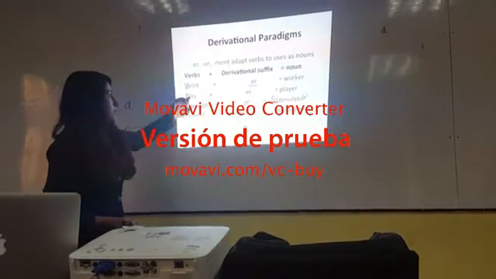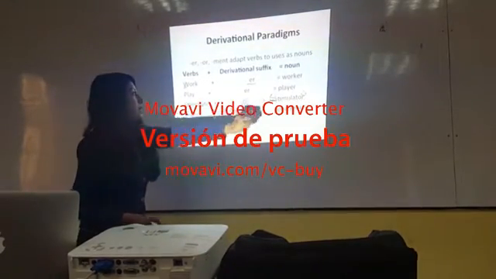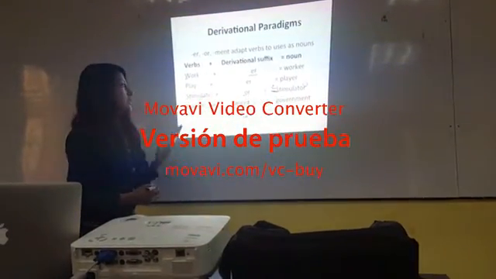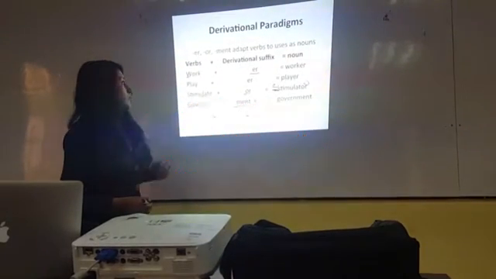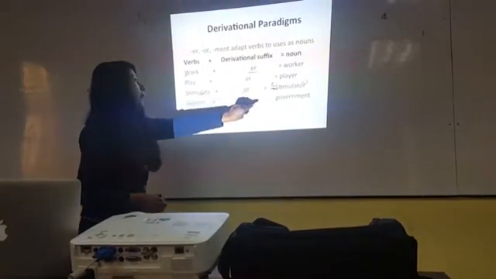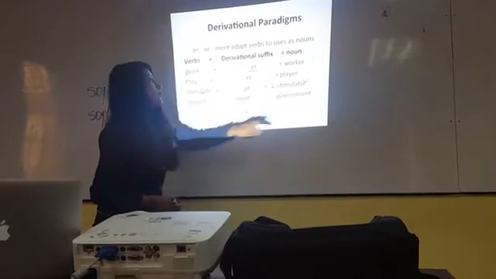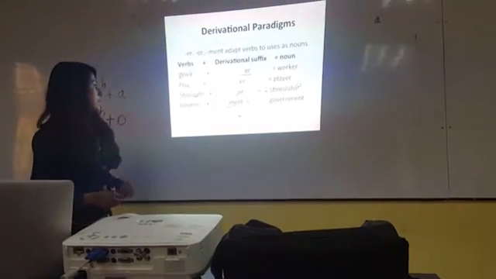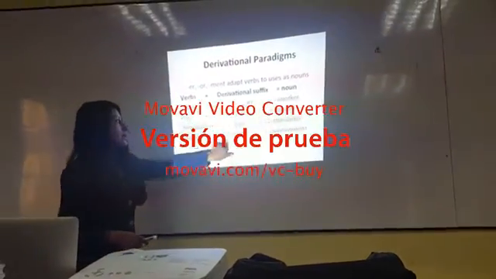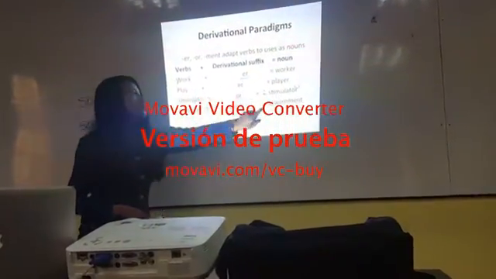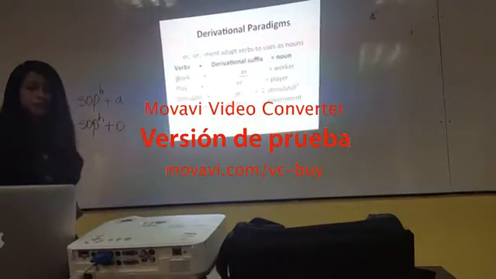Play plus -er is player, so they change the part of speech. It is the same in stimulate, that we add -or and they change the part of speech. In the last it happened the same. We add the suffix -ment and it changed the part of speech.